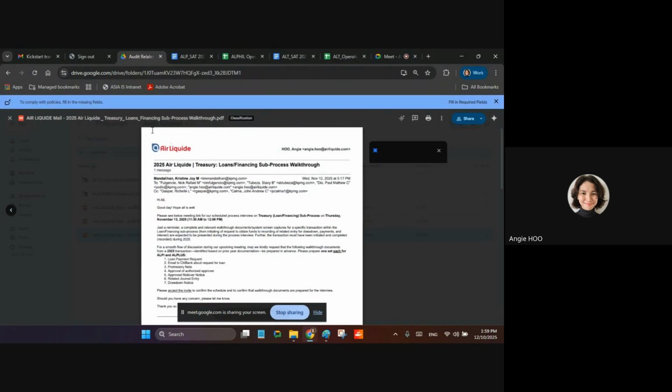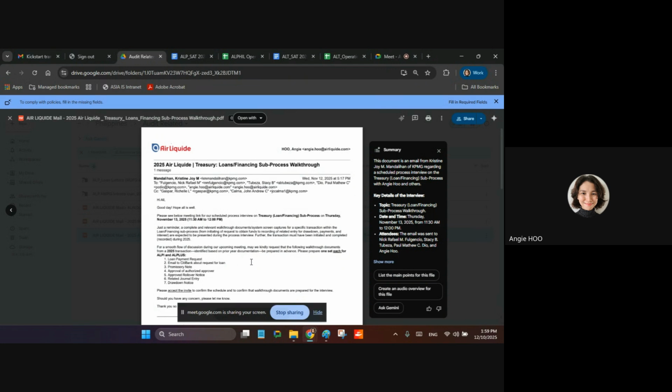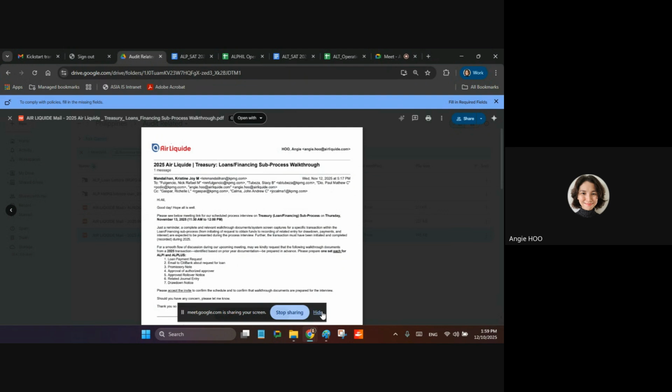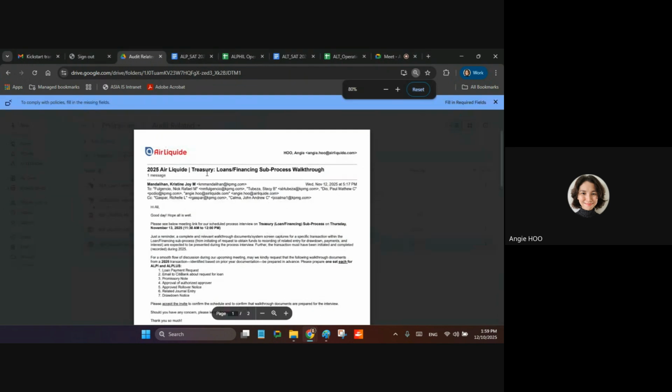Nafika would notify us what the requirement is that KPMG would like to request from all the stakeholders. As far as COE is concerned, we have the loan and financing sub-process walkthrough, where KPMG would like to have a session with us to go through the process flow.